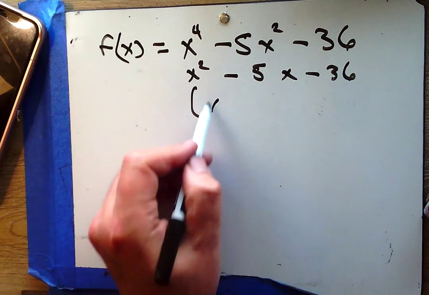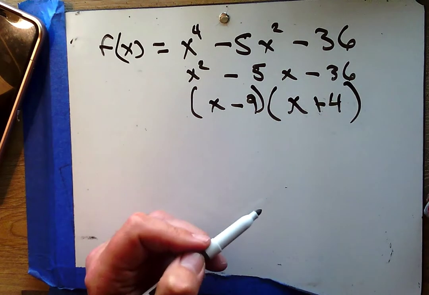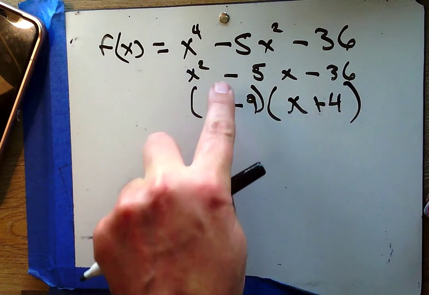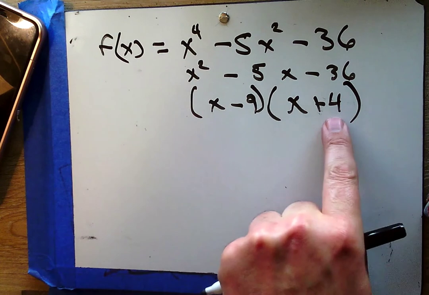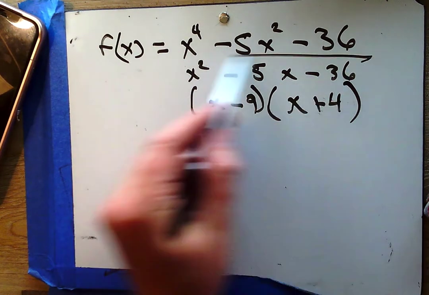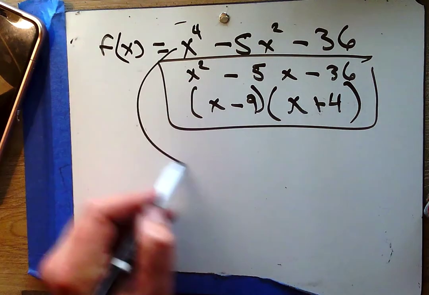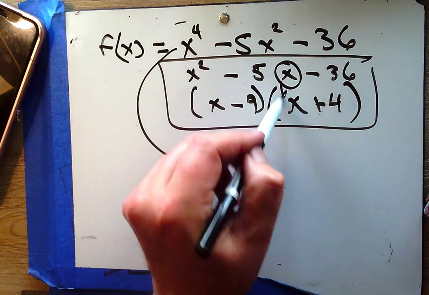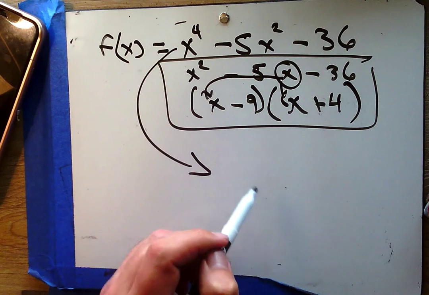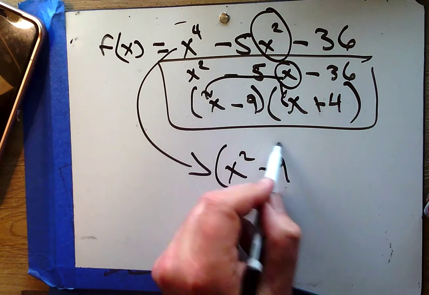And this factors as x minus 9 and x plus 4, right? Minus 9 plus 4 is minus 5. Negative 9 times positive 4 is negative 36. So I want to use this to help me factor something that has the parallel structure. Instead of having x's in each of these spots, I'm going to have x squareds in each of those spots.